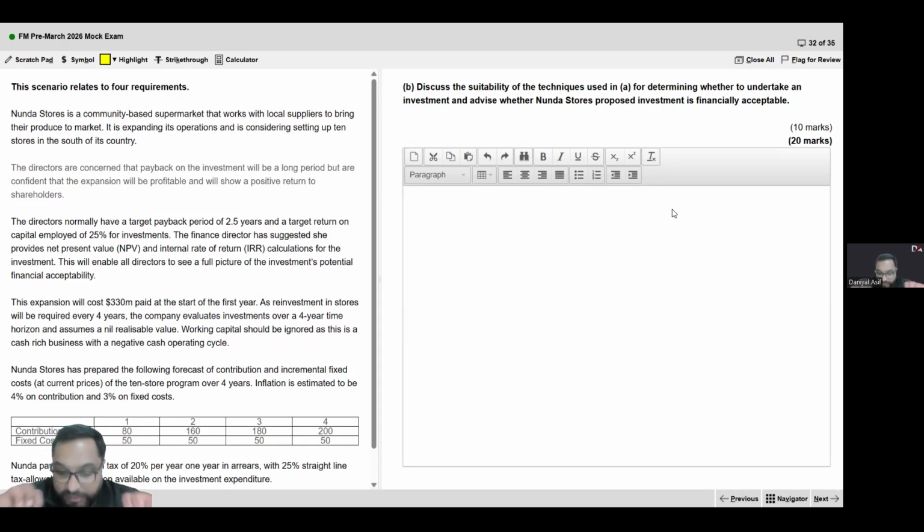It incorporates the time value of money, but the drawback is that it assumes inflation to be the same. IRR does not give you any financial answer of your question of investment. It just gives you that, okay, at what percentage your NPV is going to be zero. Payback period ignores time value of money, and return on capital employed can be manipulated by accounting policies of depreciation.